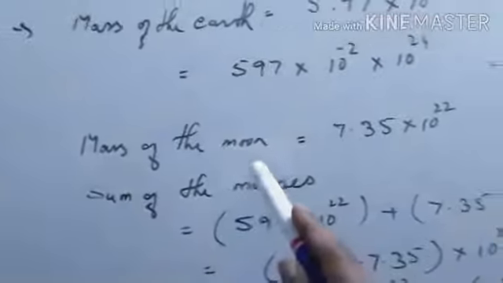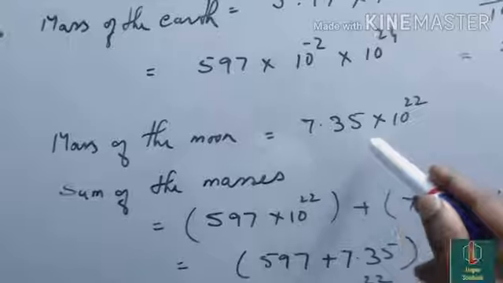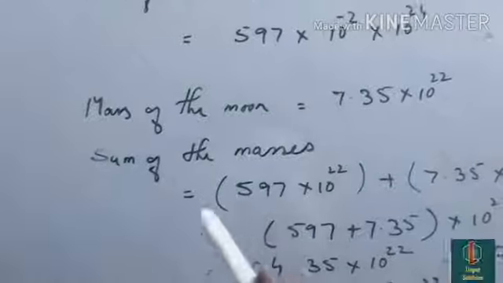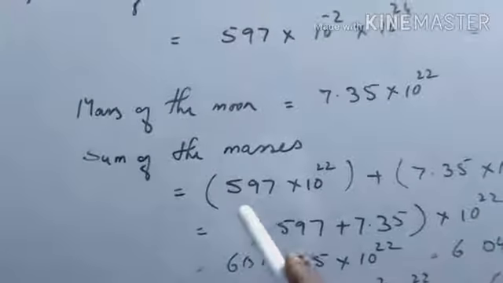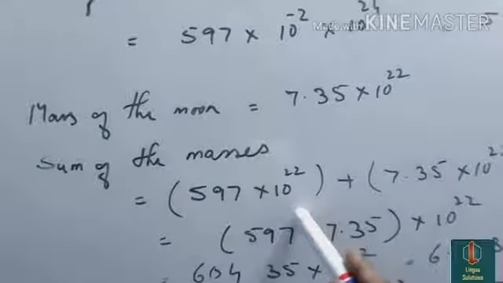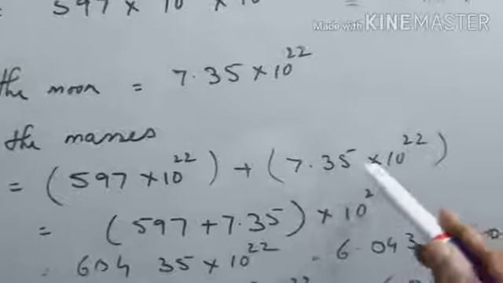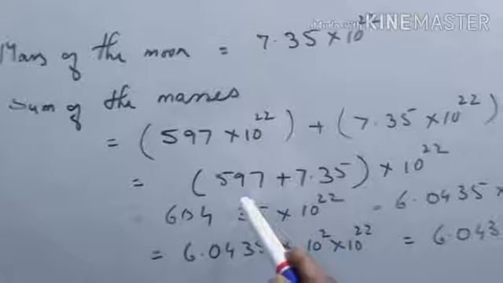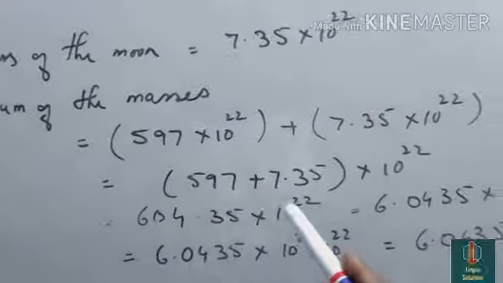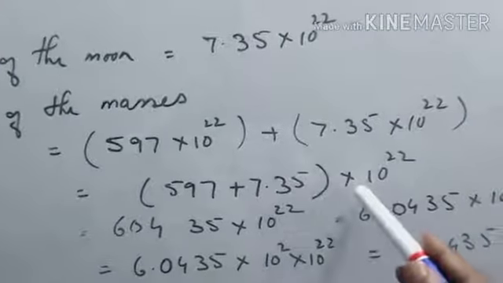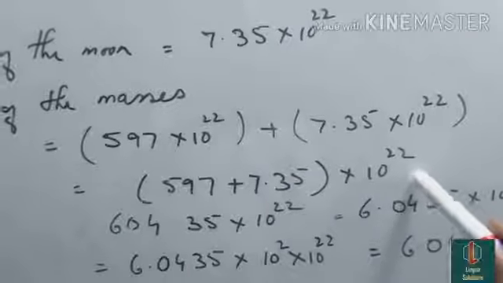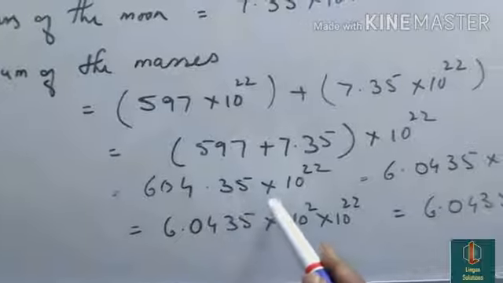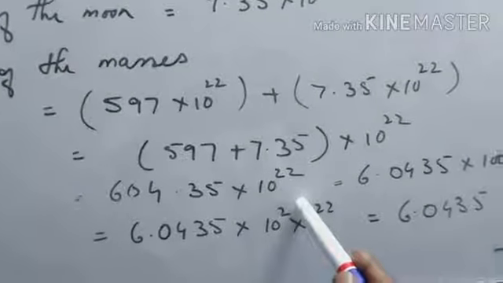Now mass of the moon is 7.35 into 10 to the power 22. Now we will add. So 597 into 10 to the power 22 plus 7.35 into 10 to the power 22. That will be 597 plus 7.35 into 10 to the power 22, which is equal to 604.35 into 10 to the power 22.